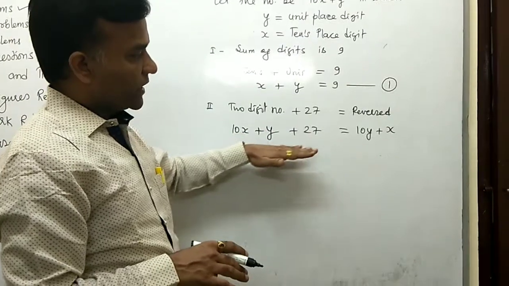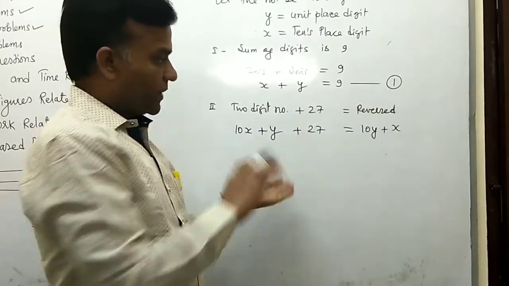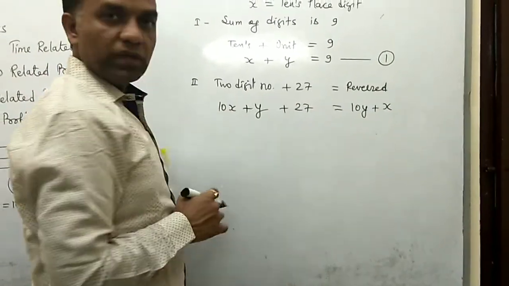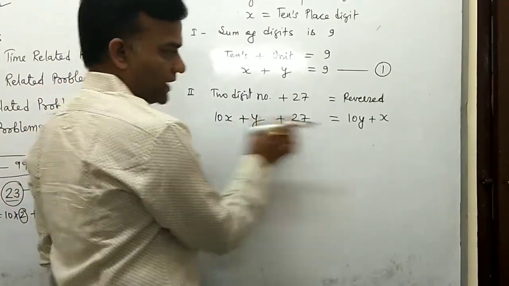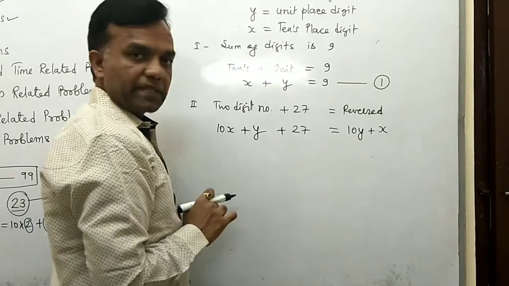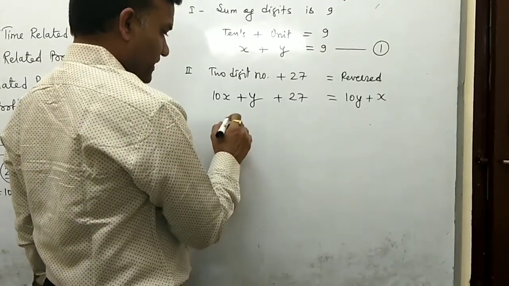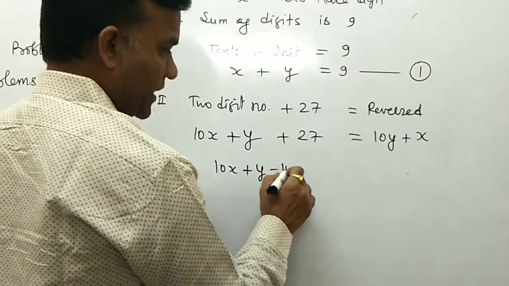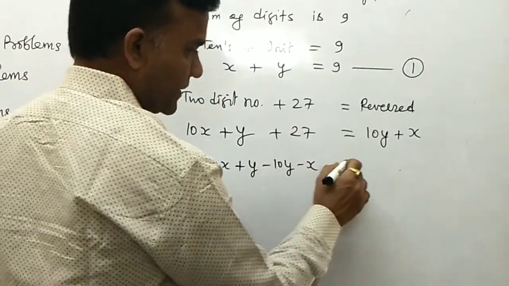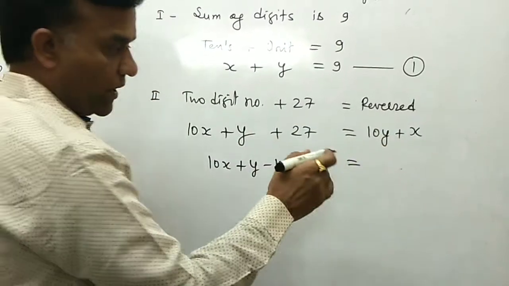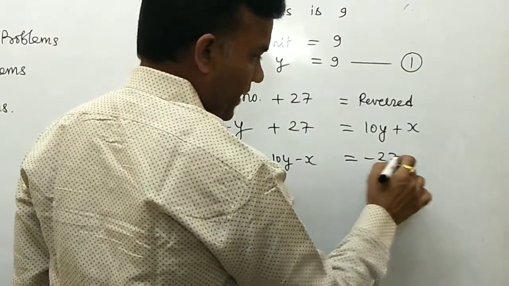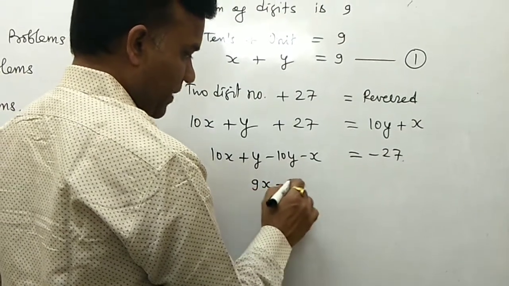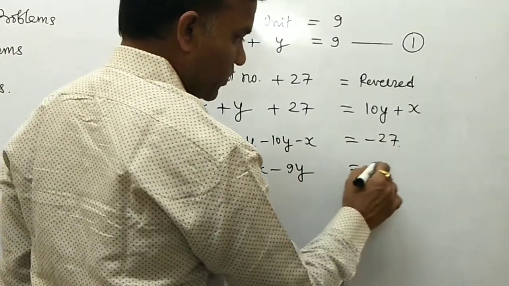So this is the change. Whenever the word reverse is written, you always change the digit places. Now we separate out the like terms, since x and y are on both the right hand side and the left hand side. So 10x plus y, minus 10y and minus x, and this 27 goes to the other side, so minus 27. Then 10x minus x is 9x, and here minus 9y, equal to minus 27.